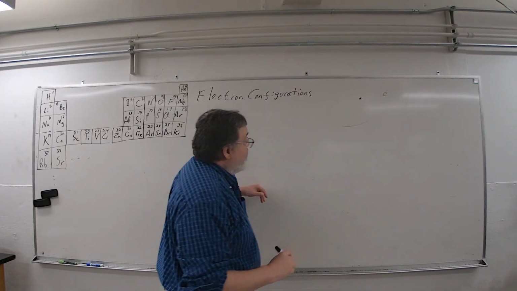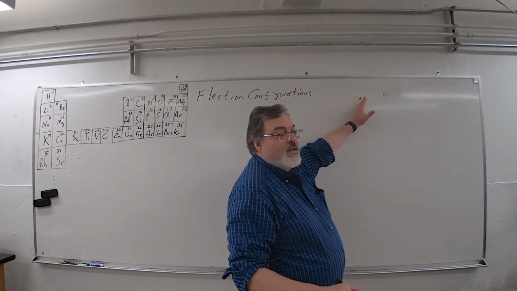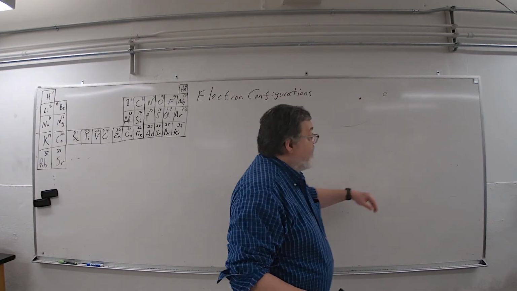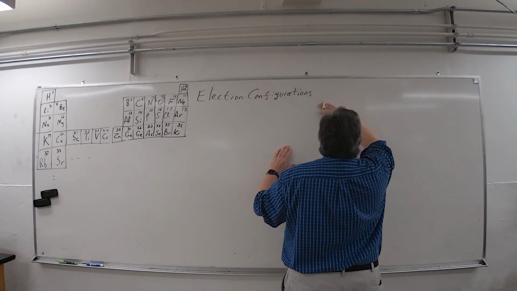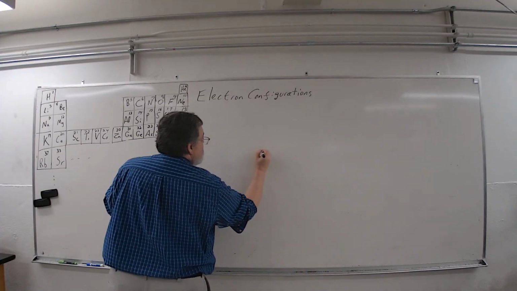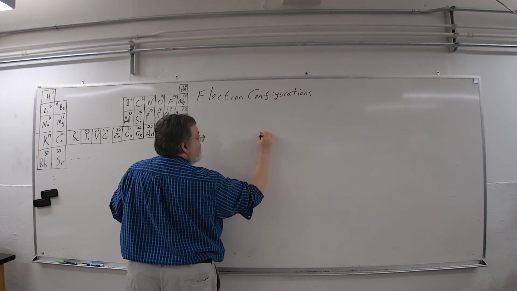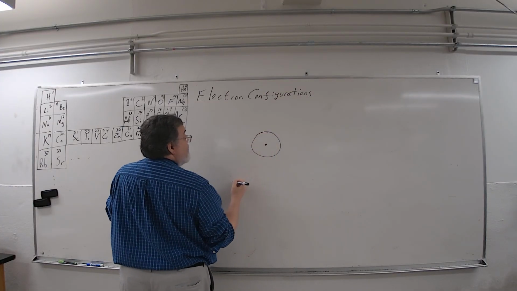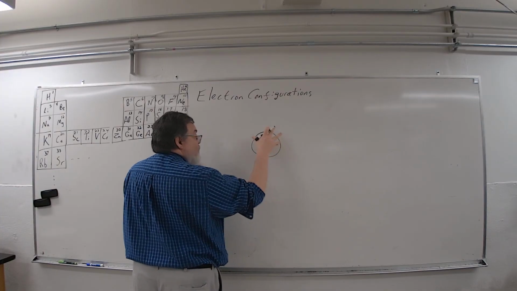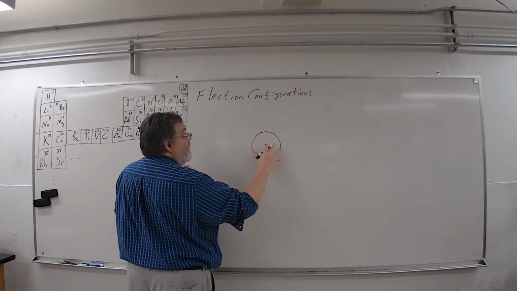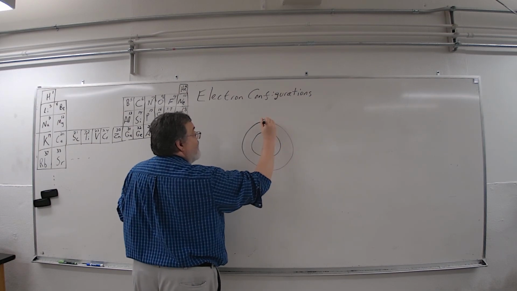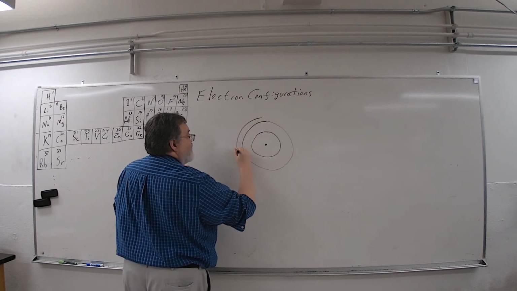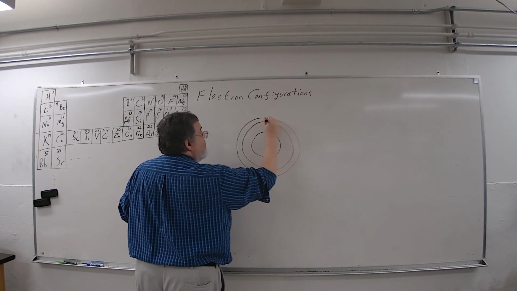Electron configurations are referring to a certain pattern that the electrons make. So let me draw this. Let's say that's a nucleus. In this first sphere I draw here, that's an orbital where electrons can be. And then I drew another orbital where electrons can be, and another one out here, so electrons can be in this orbital.